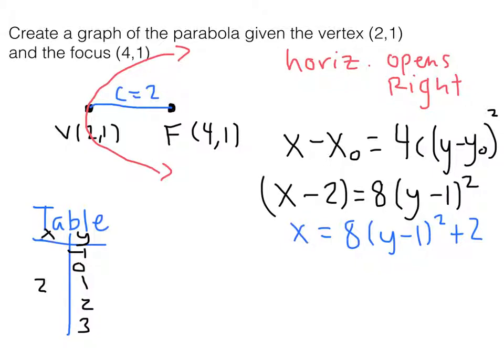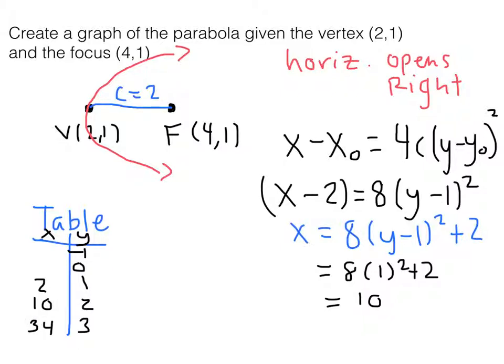So when I plug in positive 2, I get 8 times 1 squared plus 2 equals 10. When I plug in positive 3, I'm going to get 8 times 3 minus 1 squared. That's 4 times 8 plus 2, which is 34.